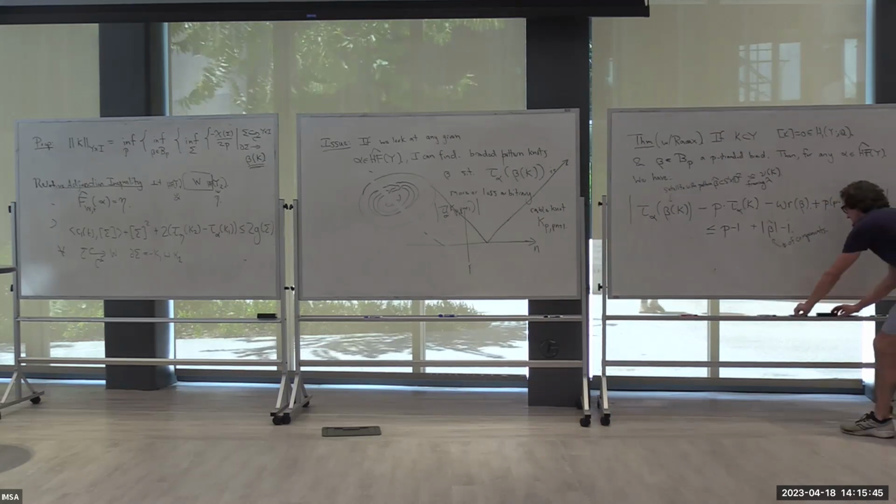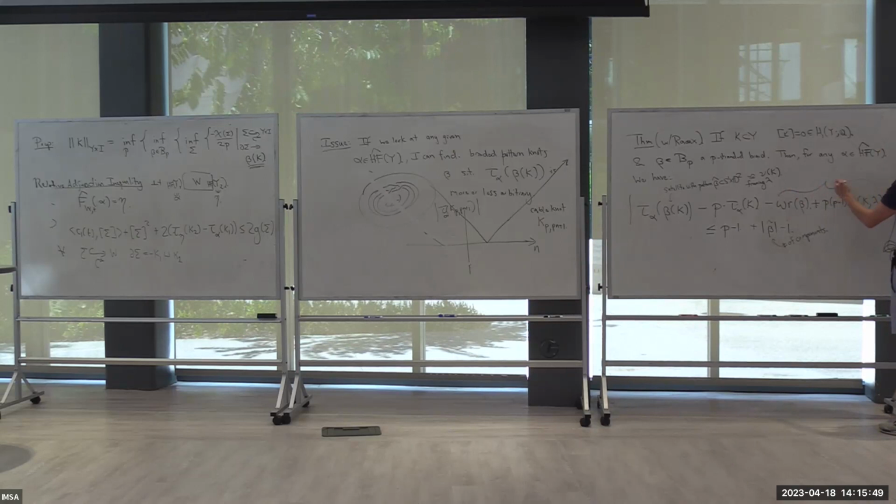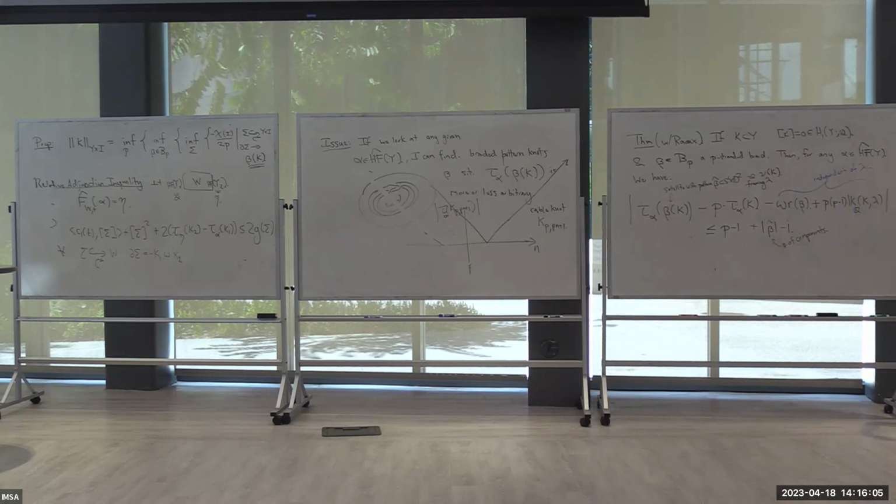So one thing to note is that this quantity here is independent of the framing. Your framings are not exactly integers, you can flip them on the meridian.